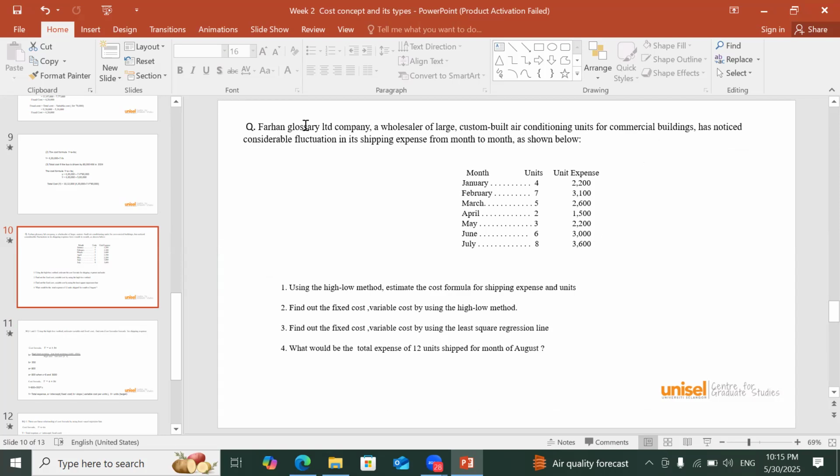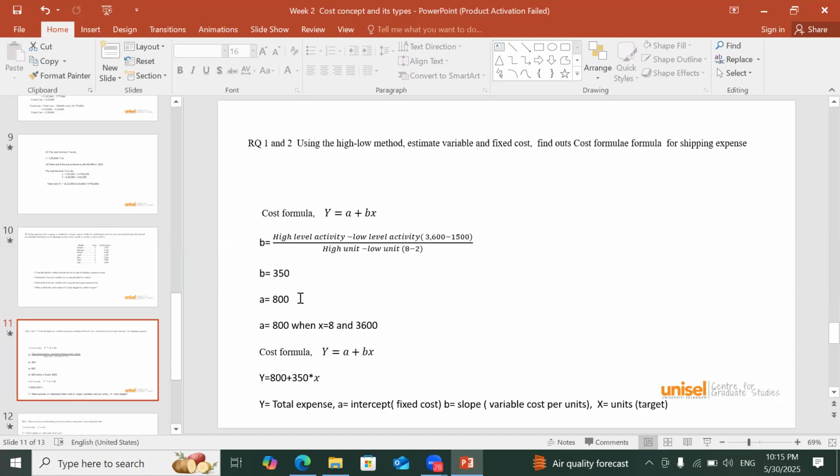But basically when I consider the high and low level method, then you have to find the high purpose and low purpose. Okay, this is the high and low level method formula. You understood or not? This is very easy, very easy. Okay, I think no question from this.